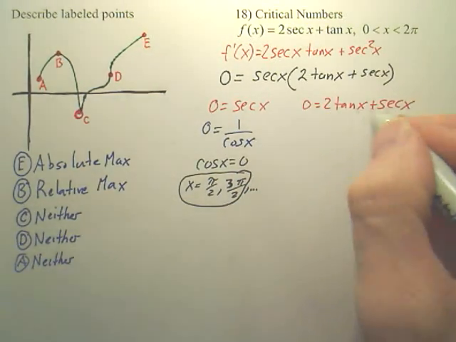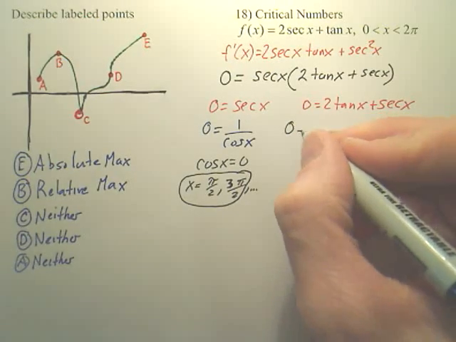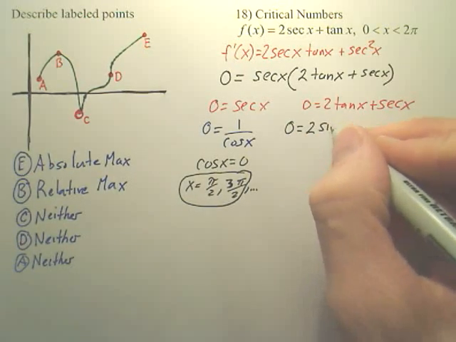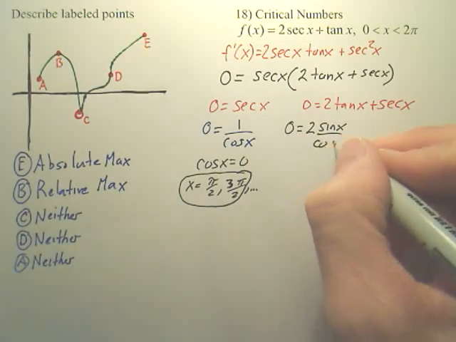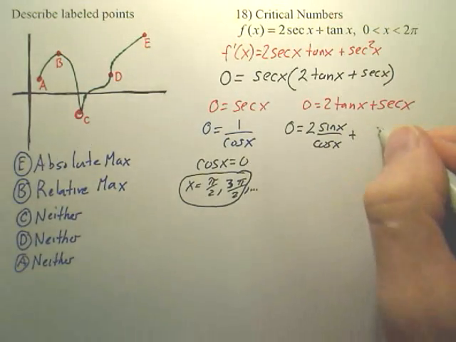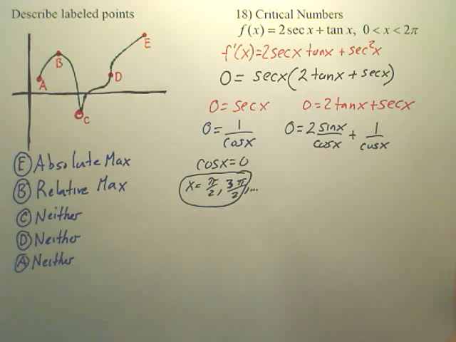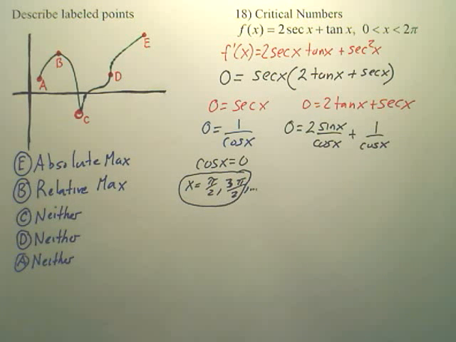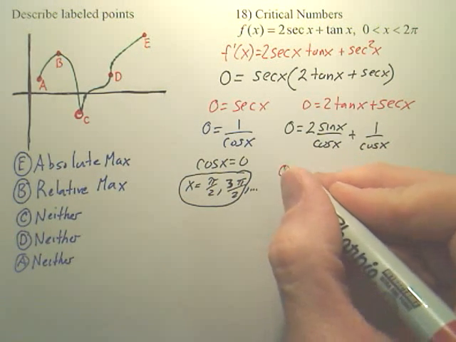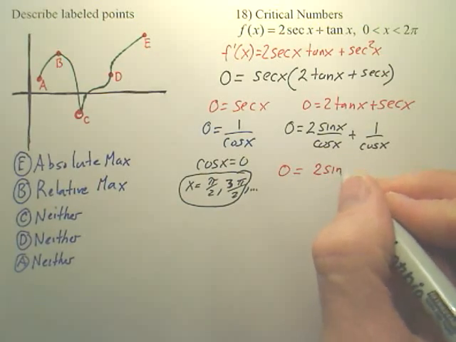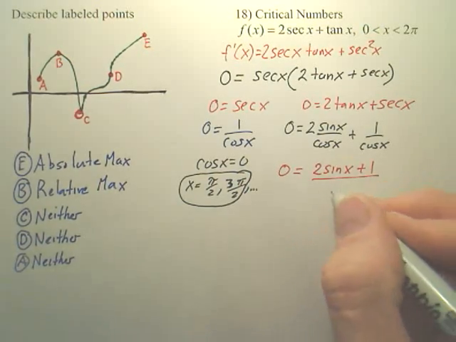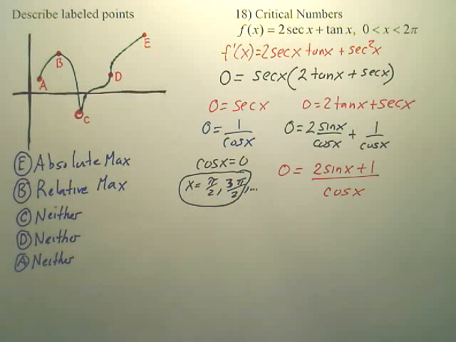Now, to solve this one is a little bit harder. Here's what we're going to do. 0 equals 2 sine x over cosine x plus 1 over cosine x. And if you look at that, it's kind of interesting. That becomes 0 equals (2 sine x plus 1) over cosine x. Okay?